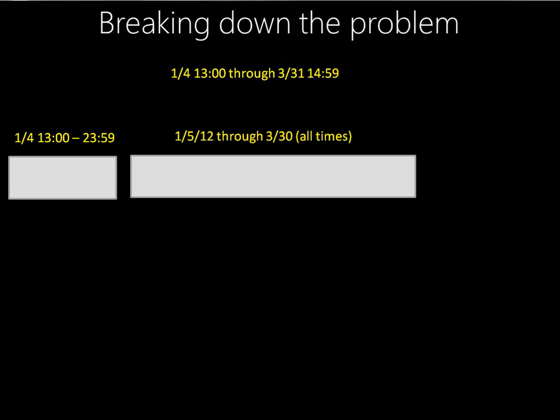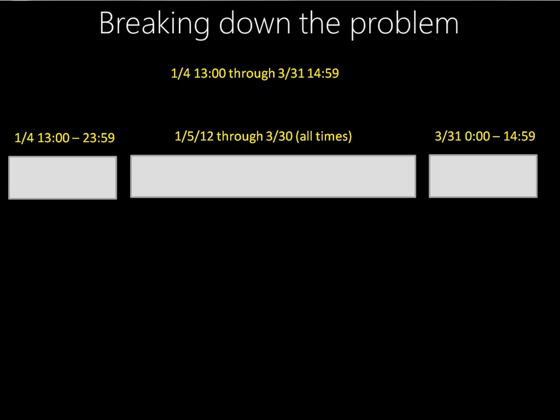That might be from 1 o'clock until the end of the day, so that's going to give us 11 hours. And then in the middle we have all of these other dates that all have 24 hours, so we know that's going to be pretty easy to select all of those. And at the end we have a subset, beginning at midnight until whenever the ending hour is. So if the ending hour is 2 in the afternoon, then we have from midnight through the 14th hour of the day.